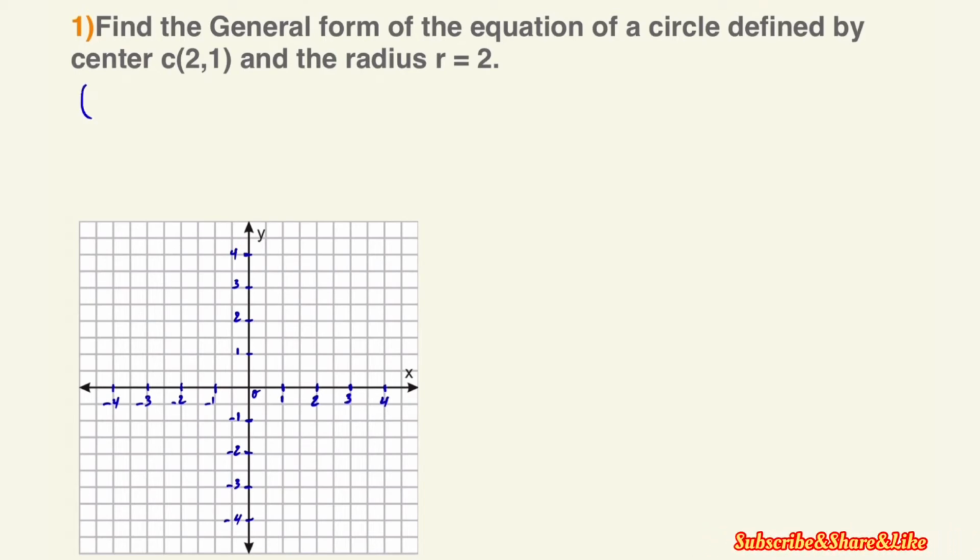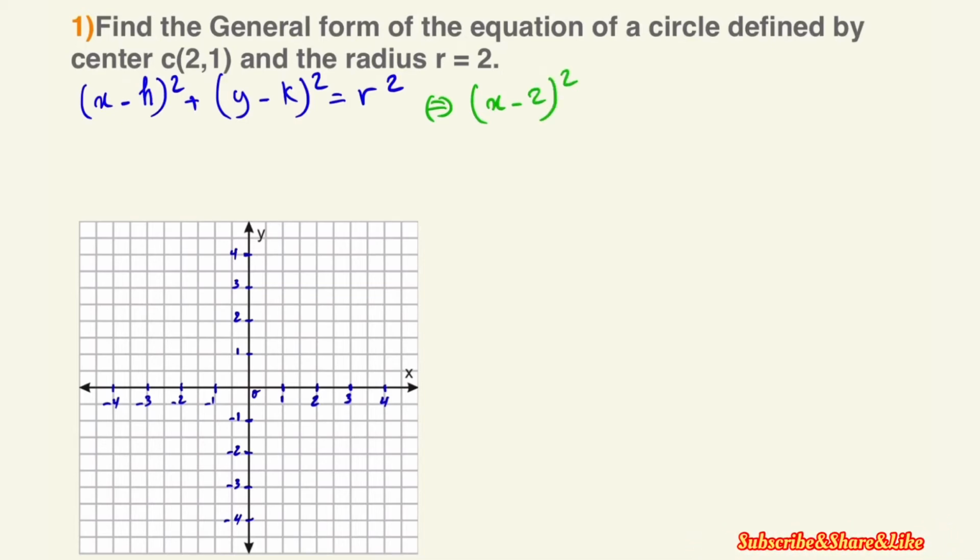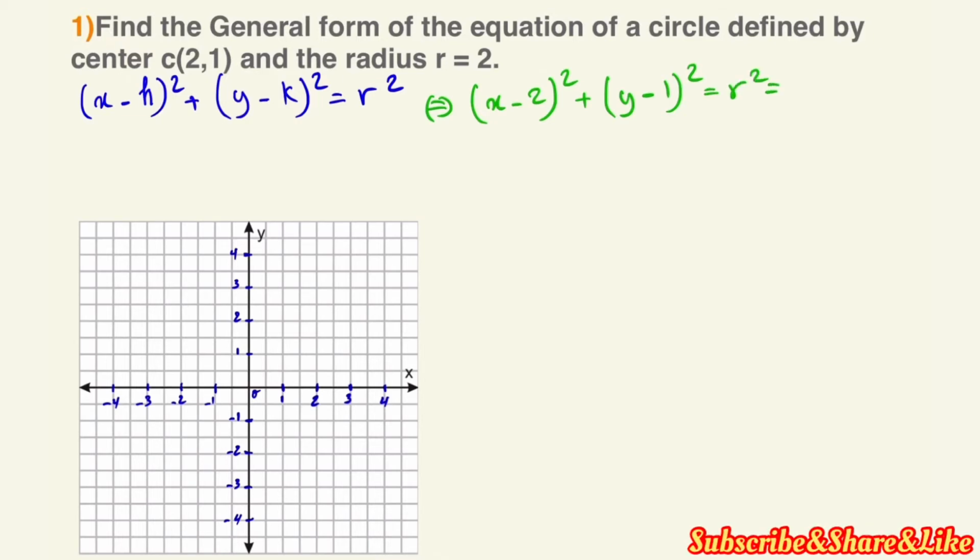We have (x minus h) squared plus (y minus k) squared equal to r squared. In this case, we have (x minus 2) squared, since h is 2, plus (y minus 1) squared equal to r squared, which is just 2 squared, so 4.